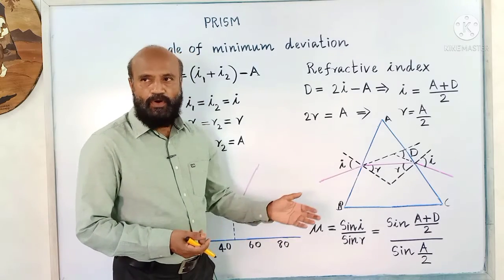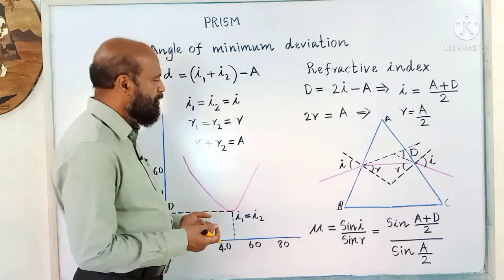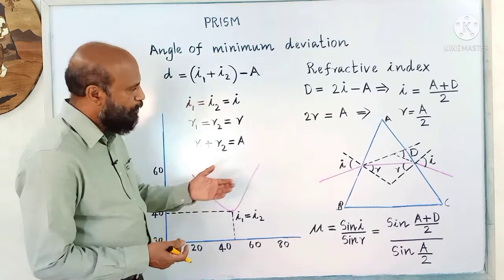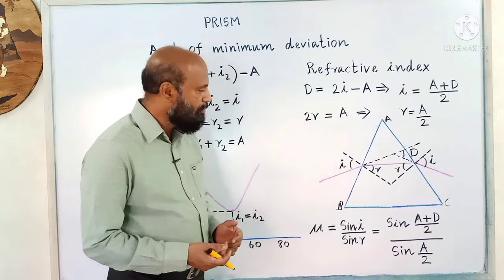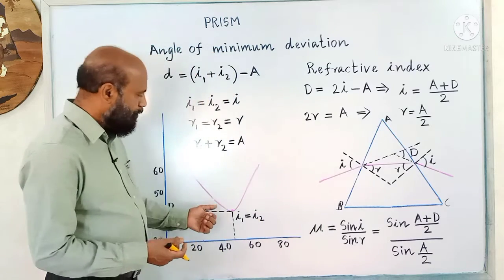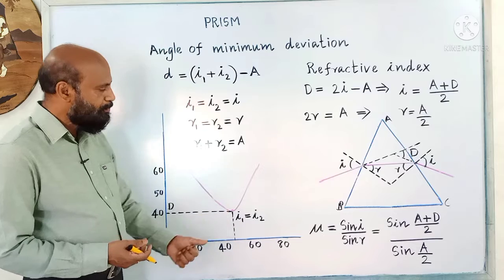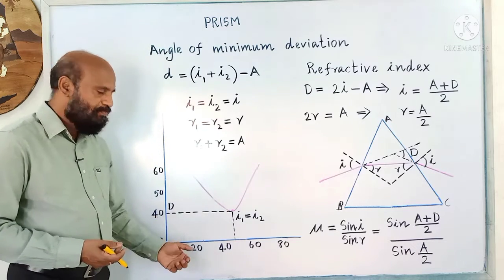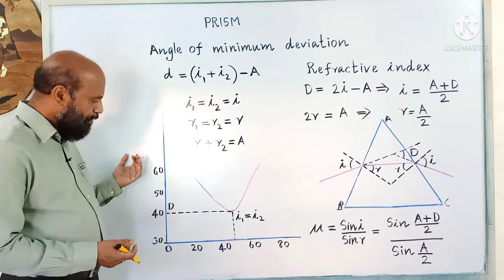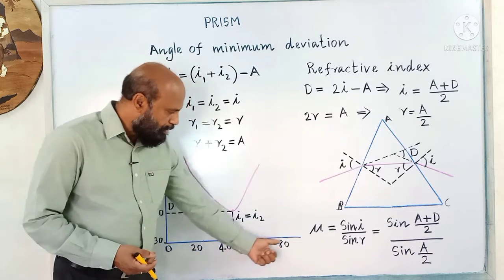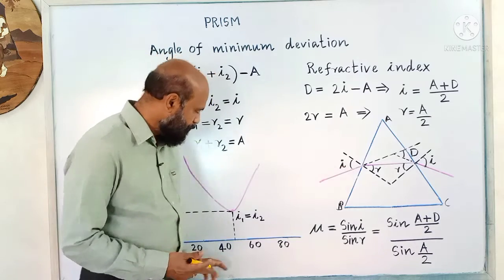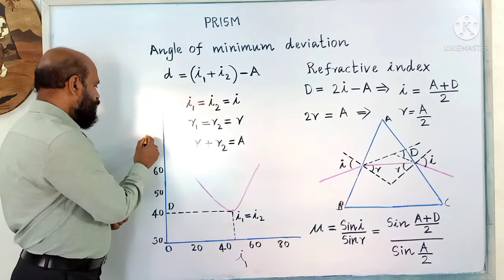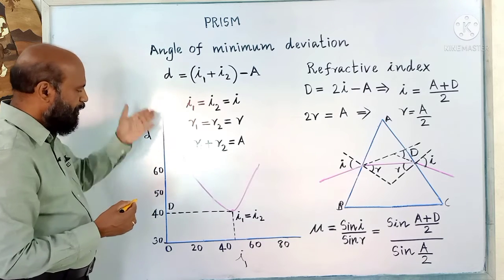If you go on changing the angle of incidence, angle of deviation will be going on decreasing, and after reaching a minimum value, then deviation will increase. So this is the graph between angle of incidence at the first phase I1 and the angle of deviation is marked along the y-axis.